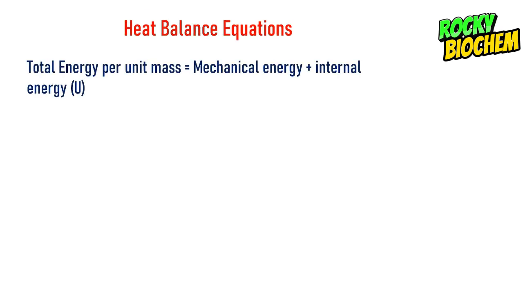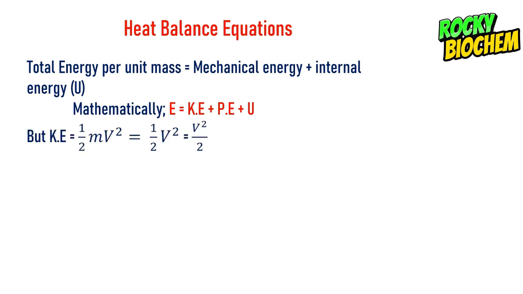We also have this equation, that total energy per unit mass is given as mechanical energy plus internal energy. And we know mechanical energy is equal to kinetic energy plus potential energy. So mathematically, we can have E equal to KE plus PE plus U, where KE is kinetic energy, PE is potential energy, and U is our internal energy.